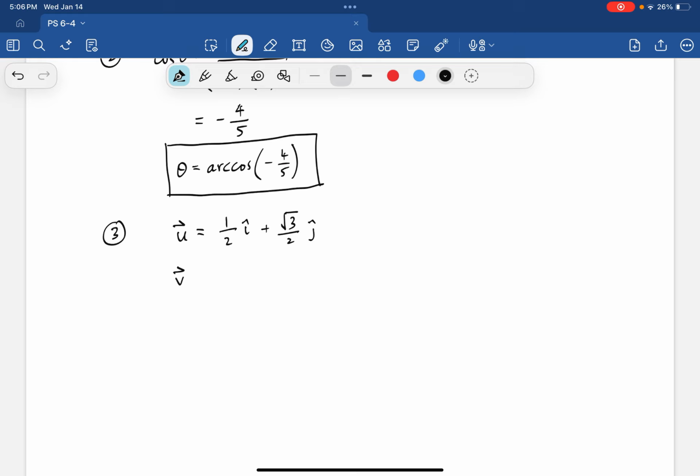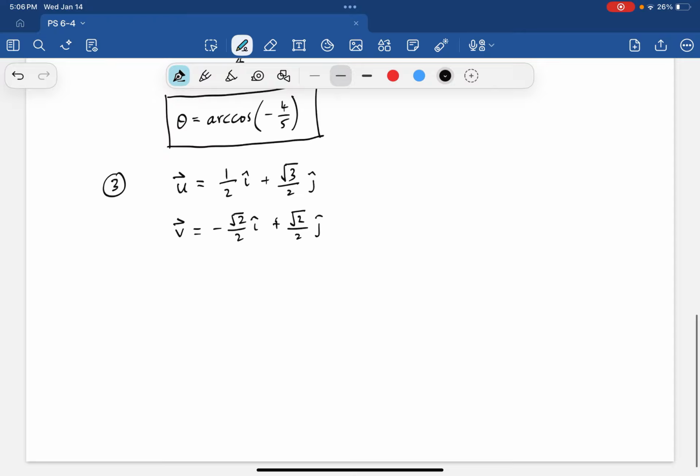And then v is equal to negative root 2 over 2 i plus root 2 over 2 j. All right. Let's calculate the magnitude of these things. Magnitude of u is going to be 1. I can tell that just by looking at it because I know that cosine squared plus sine squared is always going to be 1.